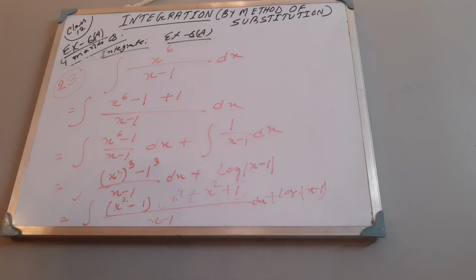Okay, now x square minus 1, we can expand this as x plus 1 into x minus 1. So x minus 1 we will get in the numerator and x minus 1 is already existing in the denominator.